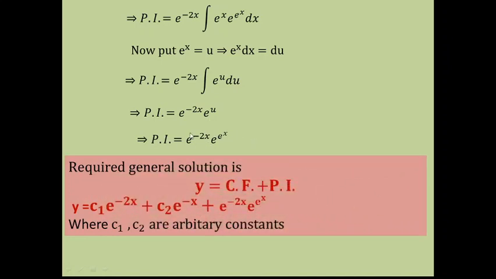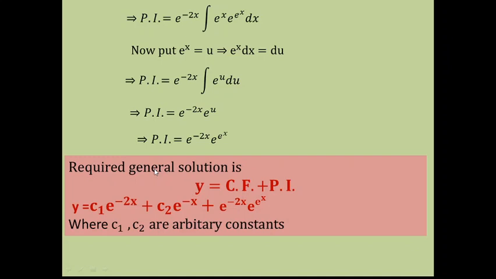So I hope the method is clear to you all. It's very easy to understand. The only thing is you should know the integration, for a general method. If you are a master in integration, then you will find this general method very easy to apply. This general method can solve all the problems which we have covered in case number 1 to 6.